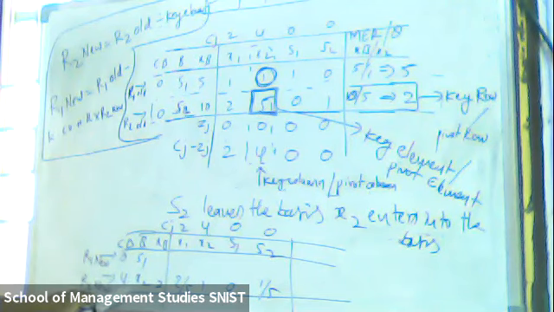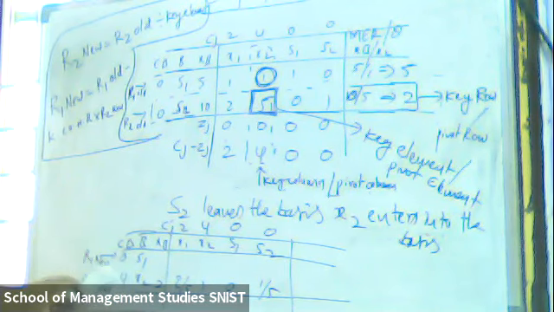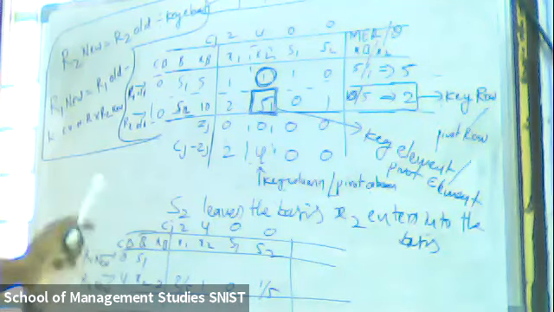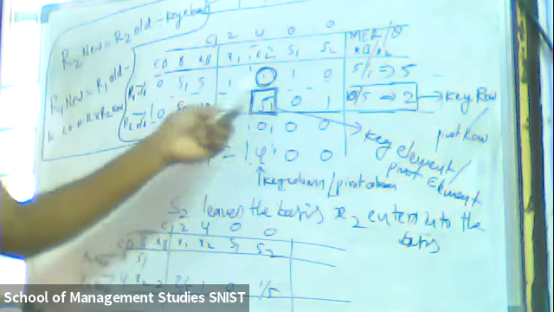X2 entered, so I'm solving that first. This is R1 new and this is R2 new. So where is X2, in R1 or R2 new? R2 new. So R2 new equals R2 old divided by key element.